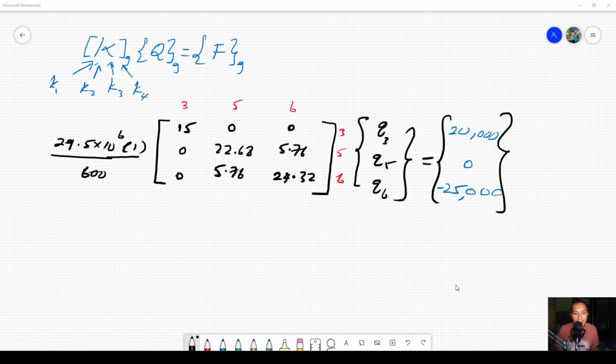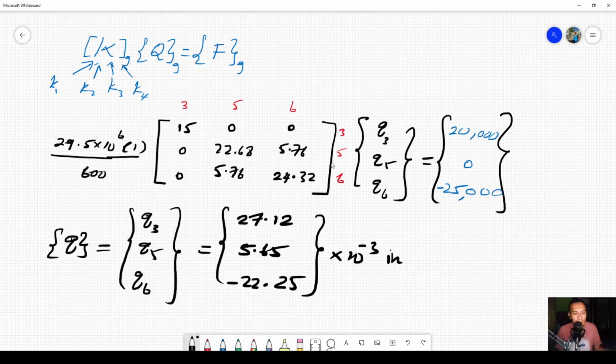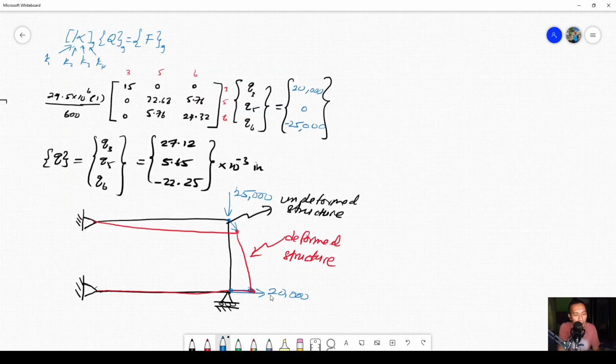Solving using a calculator gives the displacements Q3, Q5 and Q6 equal to 27.12, 5.65 and negative 22.25, all multiplied by 10 to the power of negative 3 inch. So once we have obtained the displacements Q3, Q5 and Q6, then we can draw the deformed structure as shown below.